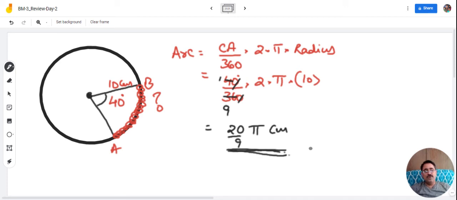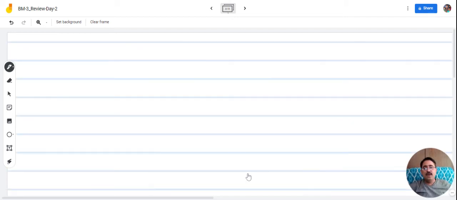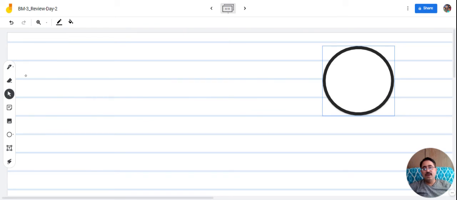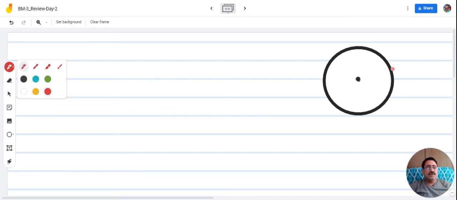So really quick, let's go to the equation of a circle. Let's say a circle is given, and this is the center, and a point is taken on this circle. Let's say the point is x comma y, and the center is h comma k.